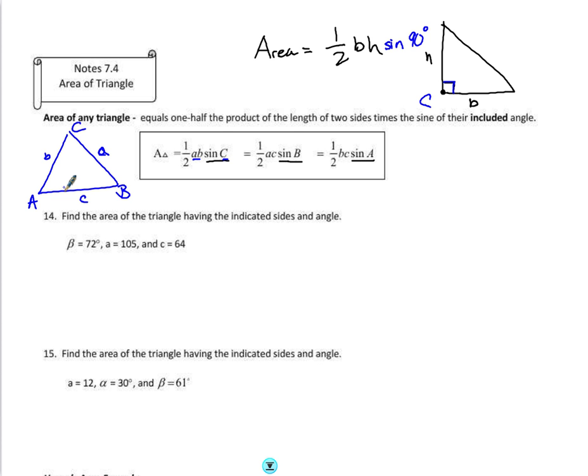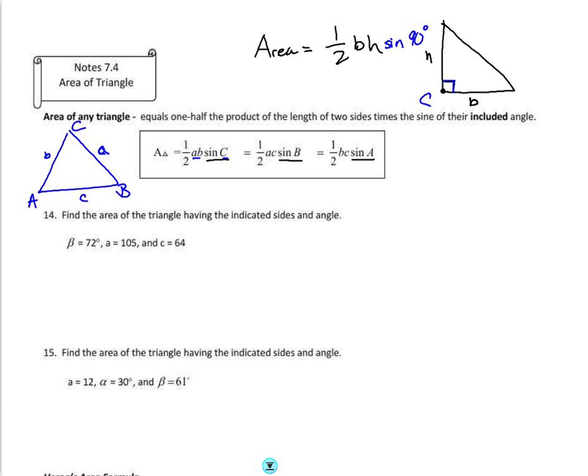So let's go ahead and try it. Draw a picture where the angle B is 72 degrees, side A is 105, and side C is 64 units, whatever that is.